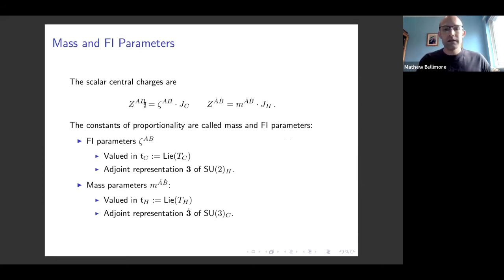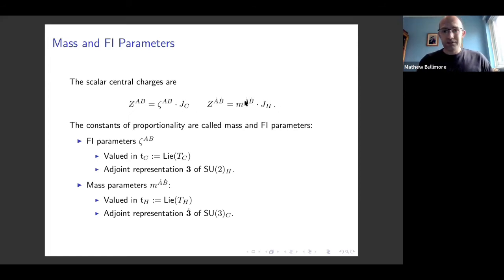In particular, the scalar central charge that is a triplet under SU2 Higgs is going to be proportional to the generator of the Coulomb branch symmetry. And the central charge that's a triplet under SU2 Coulomb R symmetry is going to be proportional to the generator of the Higgs branch flavor symmetry.